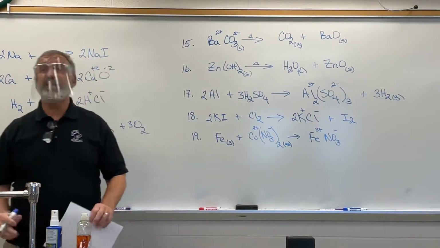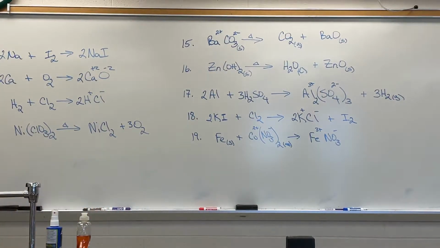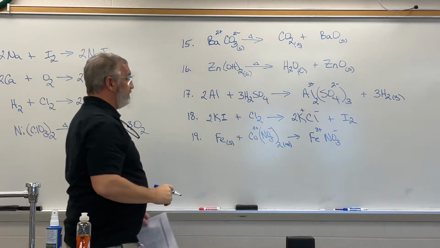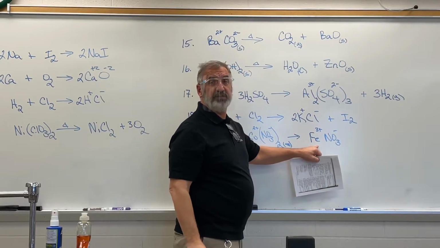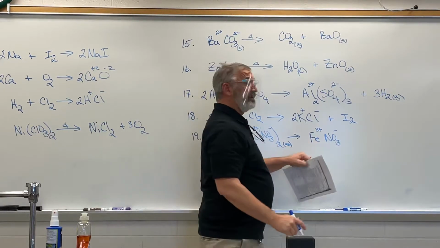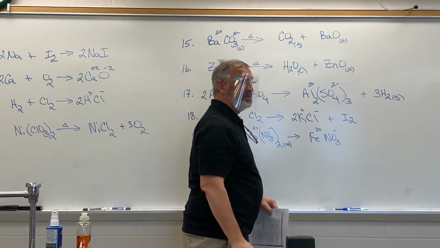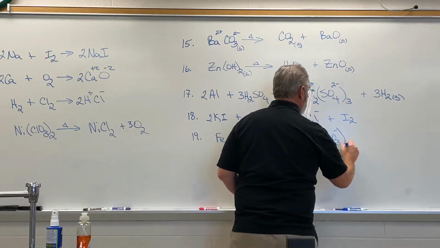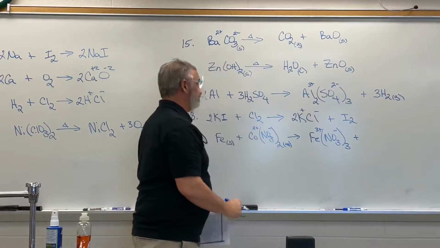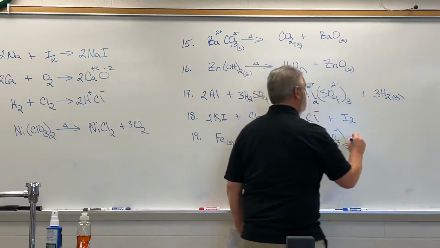If it didn't say, you just go up and pick 2, 3, or 6. 3 is the bolded one, meaning the more common one, but if you pick 2, that would have been fine. So what's my formula for iron 3 nitrate? In parentheses, right? Plus what? Copper.